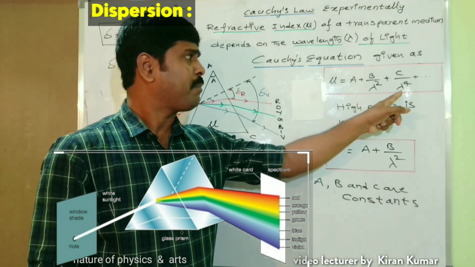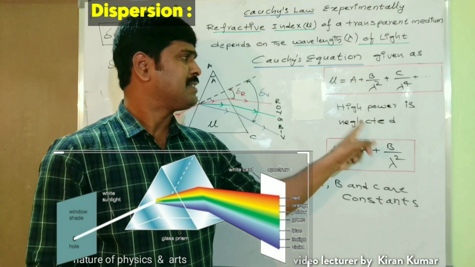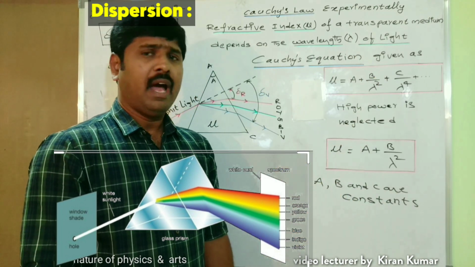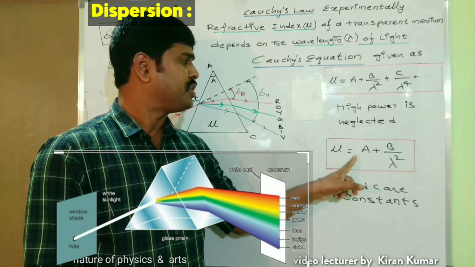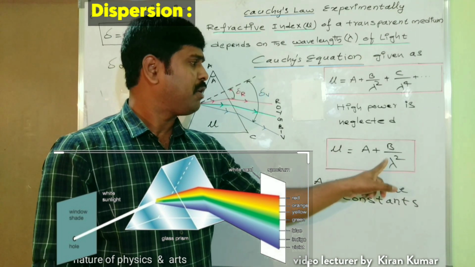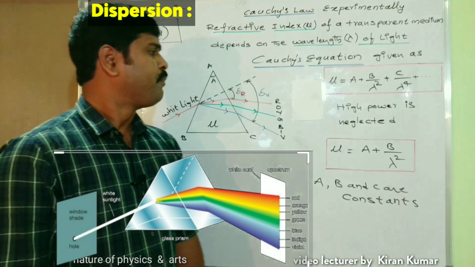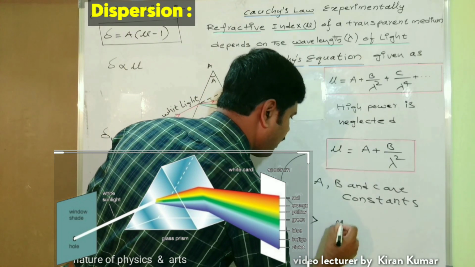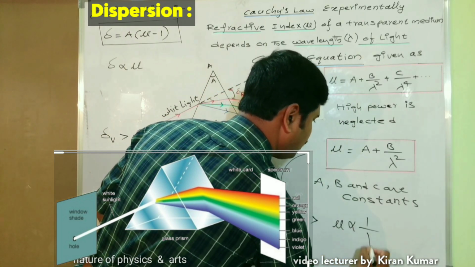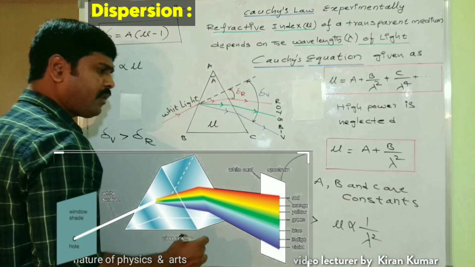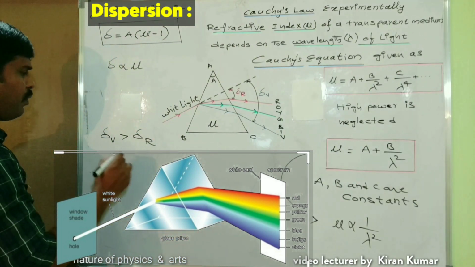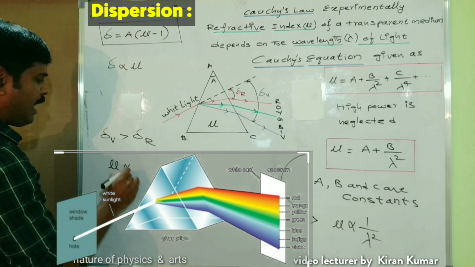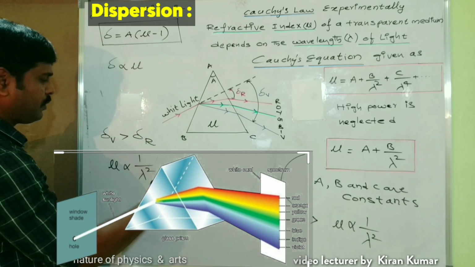Here the higher power, lambda to the power of 4, is neglected, and A, B, C are constants. The remaining value is the refractive index, mu equals A plus B divided by lambda square. Try to understand from this equation: mu is inversely proportional to lambda square.